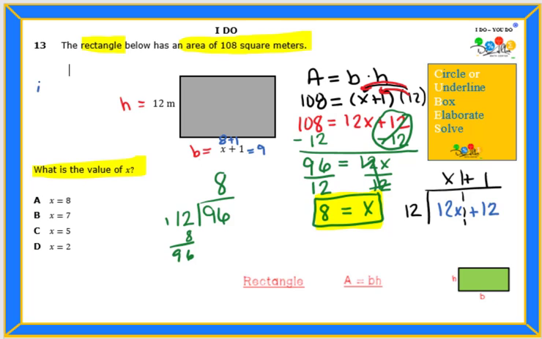So if the area was base times height, the base is 9 when I replace x with 8, and the height is still 12. And 9 times 12 is 108, which matches the area that they gave me. So now I feel confident that my answer, x equals 8, is correct, and I will pick A, x equals 8.